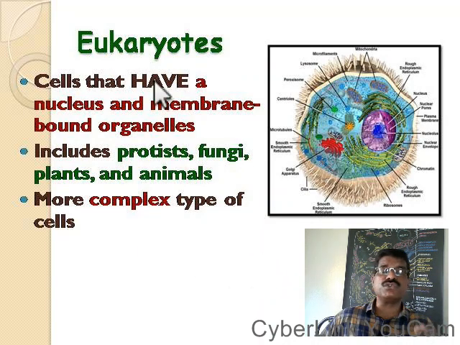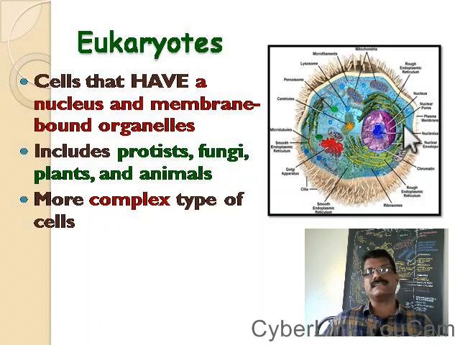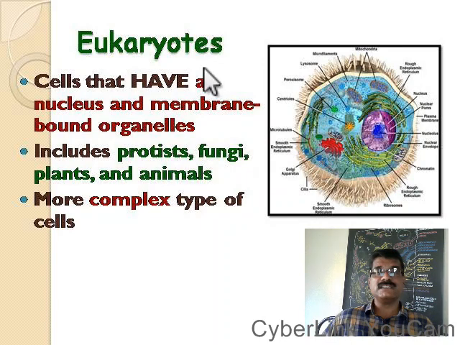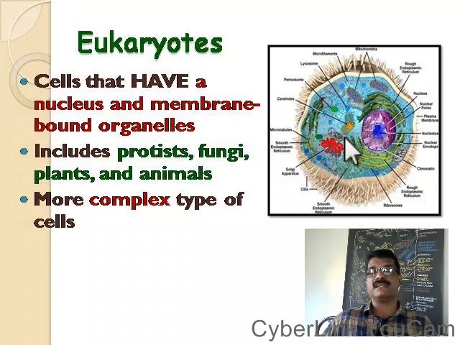They possess a true nucleus. So the organisms which possess eukaryotic cells, that means cells with a true nucleus and membrane bound organelles, are called eukaryotes. Are you clear? So this is very important. What is the difference between prokaryotic cell and eukaryotic cell? What are prokaryotes and eukaryotes? Hope you understood this part.